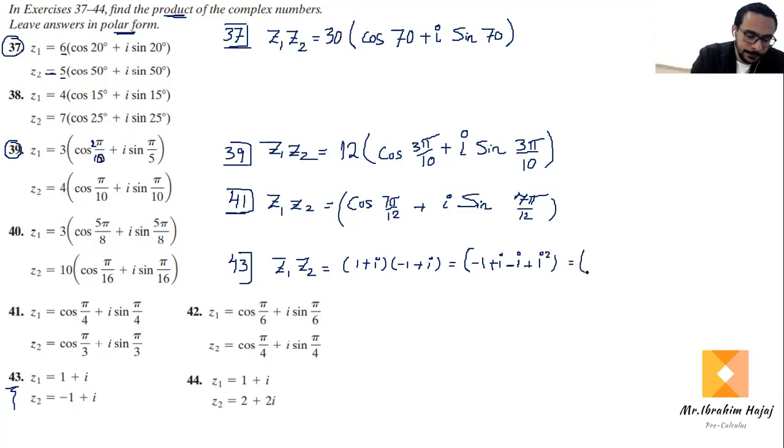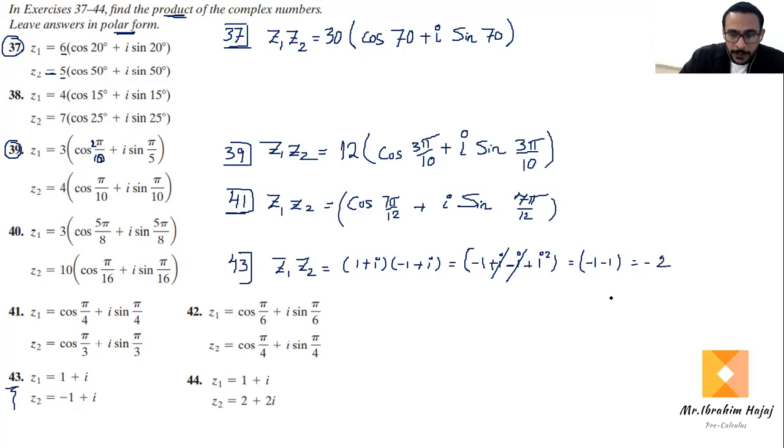So what? Minus 1 plus i squared. We have i and minus i, which is 0, and negative 1 now, and you know i squared is negative 1, so negative 1 minus 1, which is negative 2.